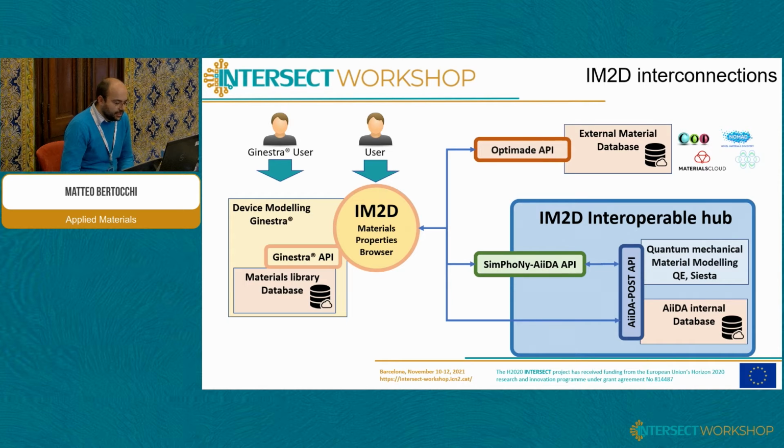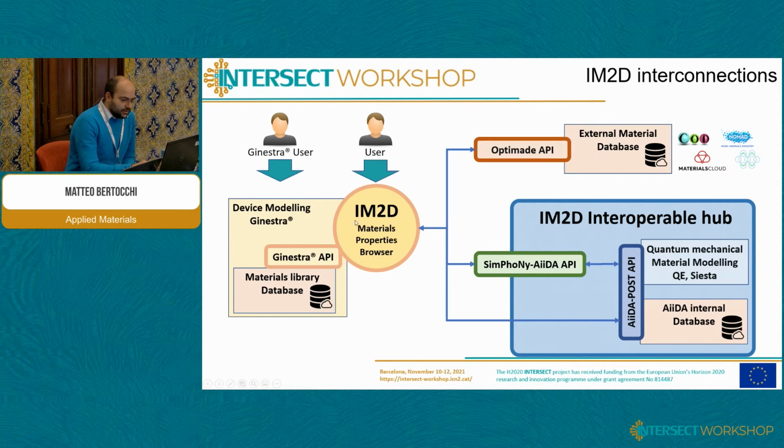Here is a schema of how it works. It is similar to what Matthias has shown you before. So we have the material property browser. We can access it either directly or through Genestra if you are a Genestra user, because I remind you that Genestra is a commercial software, so you need the license, and in case you do not have access to Genestra and its functionalities, you can still use the IM2D toolbox.